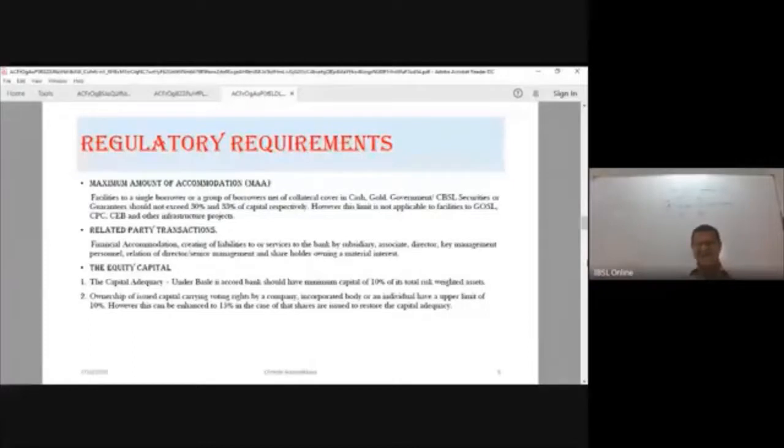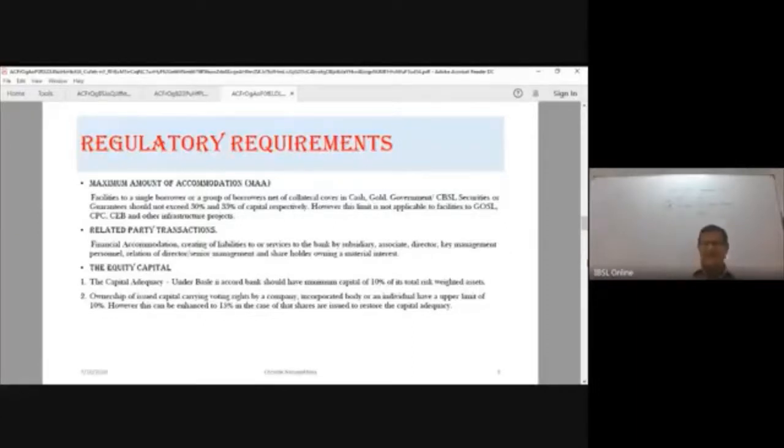Other collaterals are not counted. Cash, gold, government or CBS securities or guarantees given by the bank can be taken into consideration in computing the net amount the customer has borrowed. So the net amount should not exceed 30% of the bank's capital.